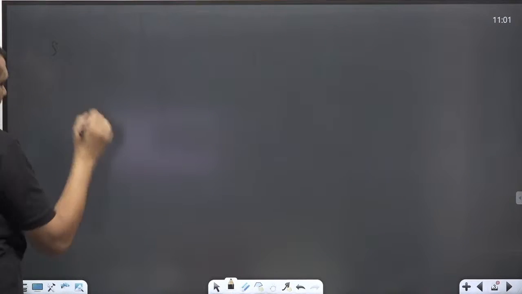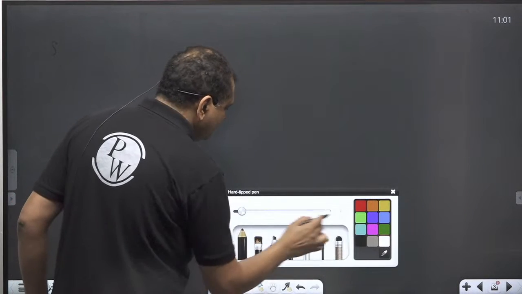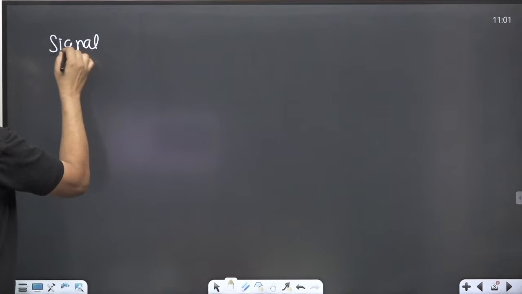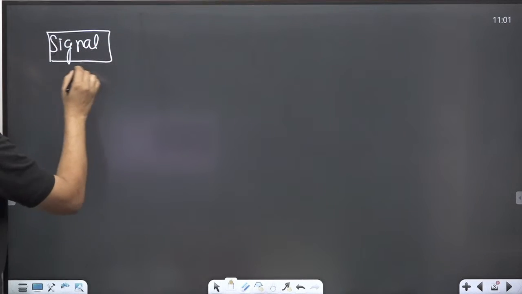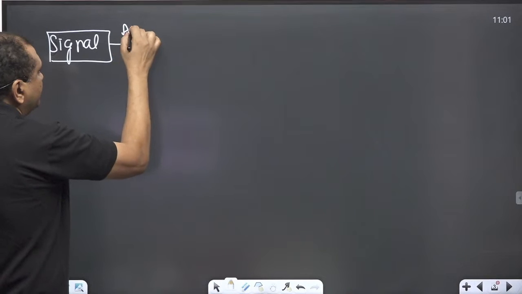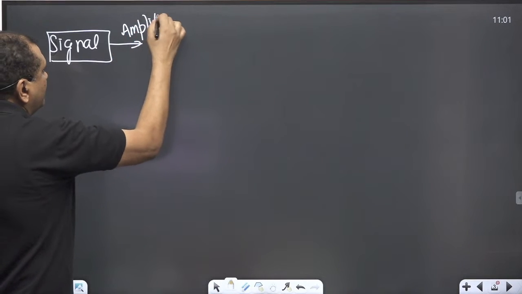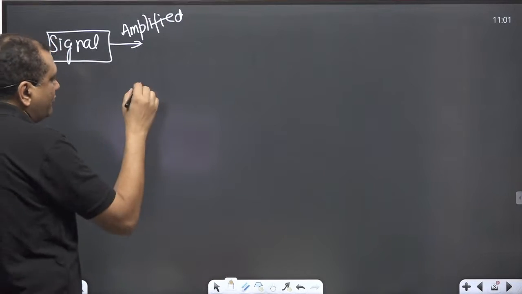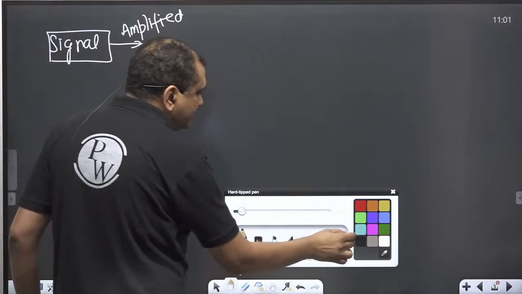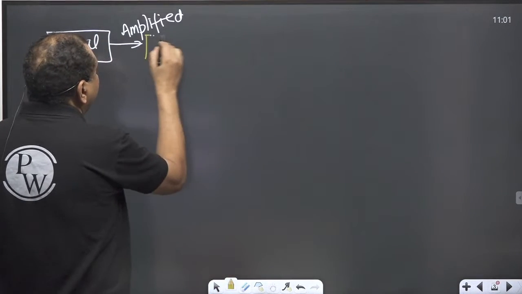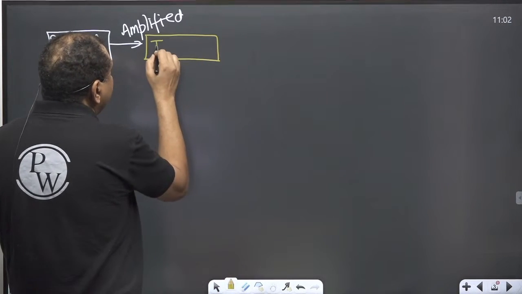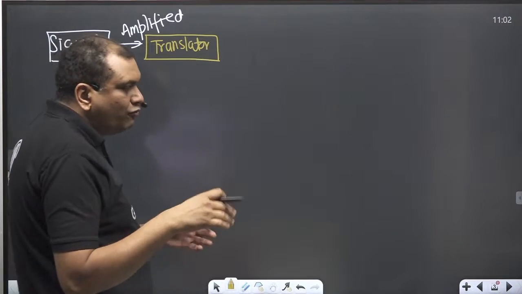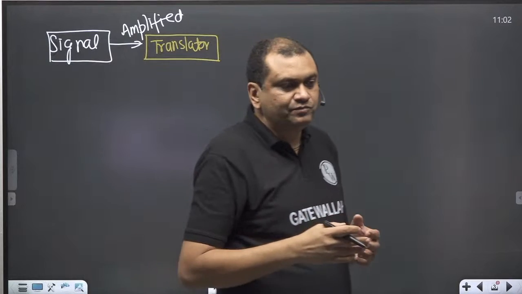Suppose there is a signal. The signal is amplified. And after that it goes to a translator. What exactly does the translator do?